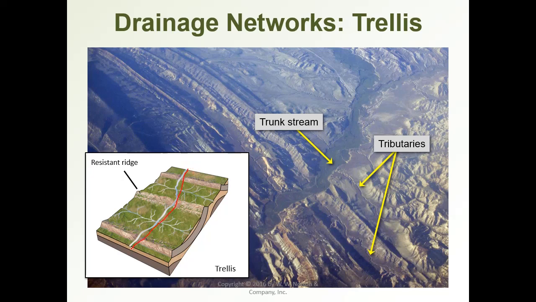That's what this is. And in those areas of weak material between the two resistant layers, we will develop tributary streams, and those will flow into the trunk stream independently of the tributaries in the next area of weakness. And so this overall pattern looks like a trellis.